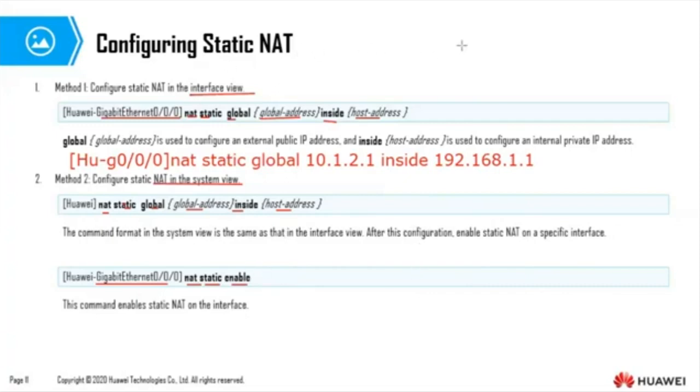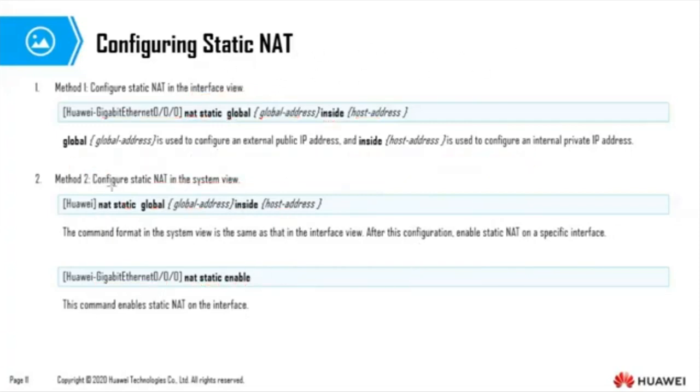Now, one main difference between configuring NAT on the system view and on the interface view: when you configure on the interface view, only devices that are connected to that interface, since every interface of a router forms a network, right?